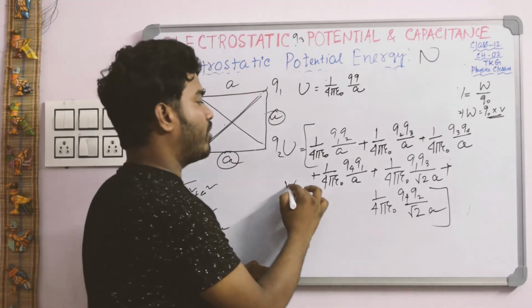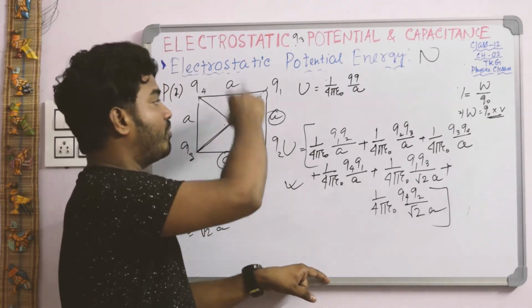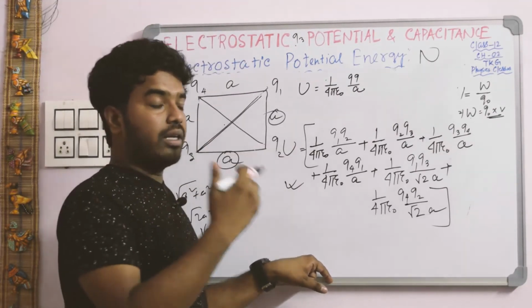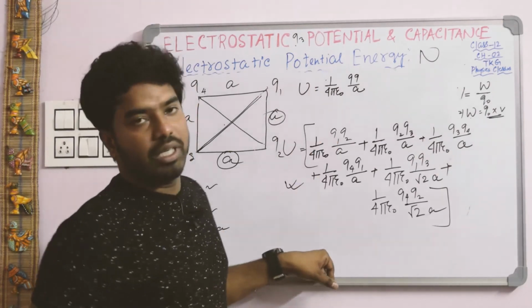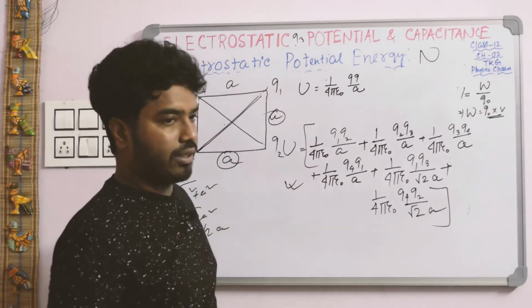So this is the final form of electrostatic potential energy for this configuration, and this is the way for solving electrostatic potential energy for these types of configuration.